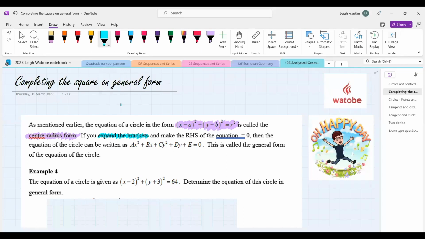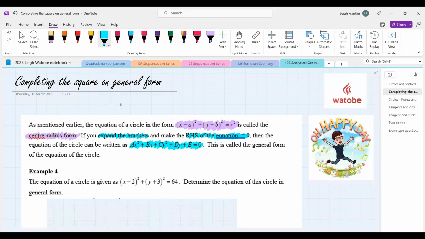So in other words, squaring out the brackets and making the right-hand side of the equation equal to 0. That means bringing r squared over from the right-hand side to the left-hand side. And when we do this, we can collect the terms as follows so that it ends up being ax squared plus bx plus cy squared plus dy plus e is equal to 0.